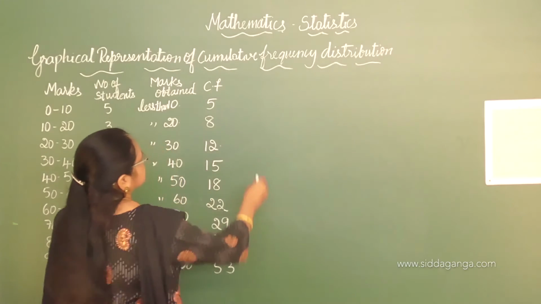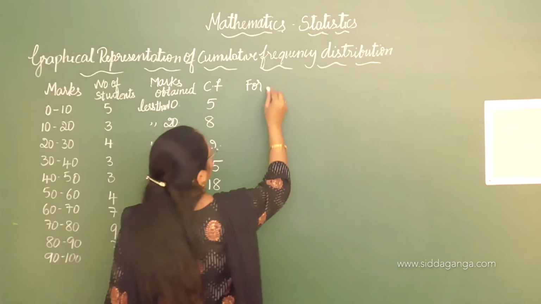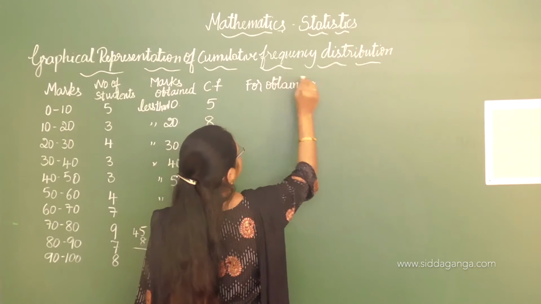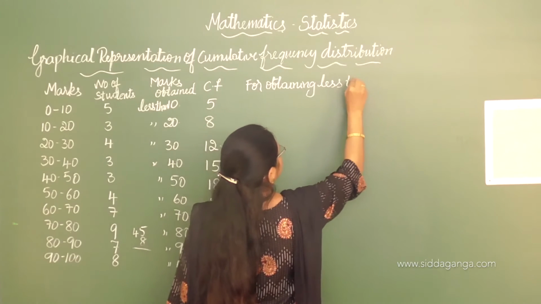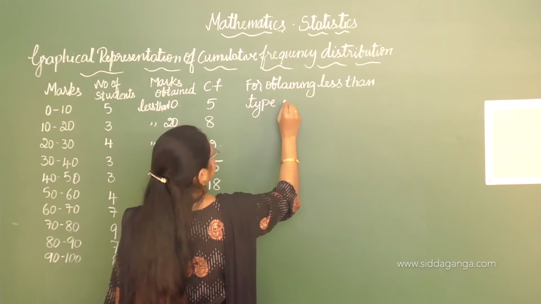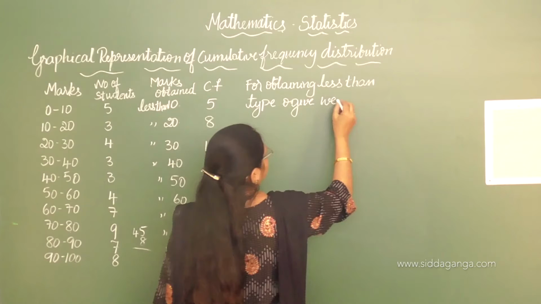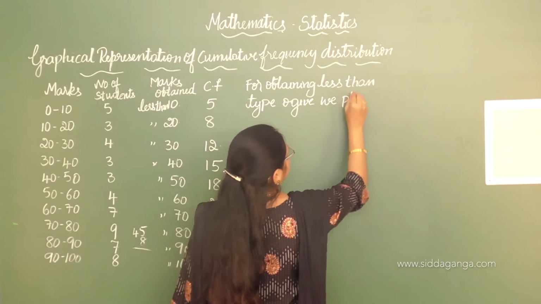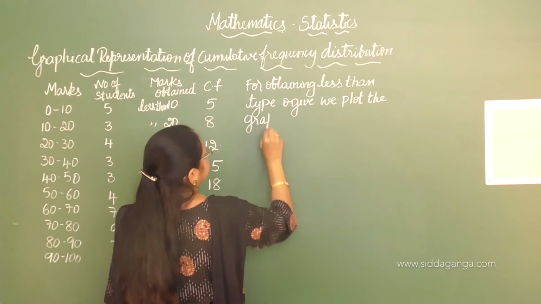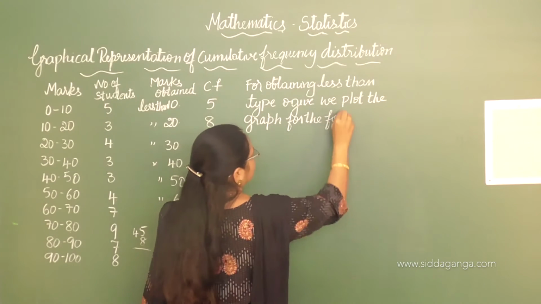So below this you can write: for obtaining the less than type graph or less than type ogive, we plot the graph for the following points.